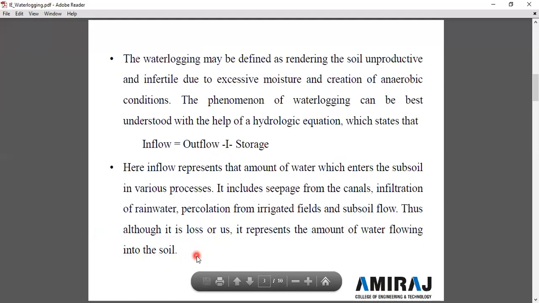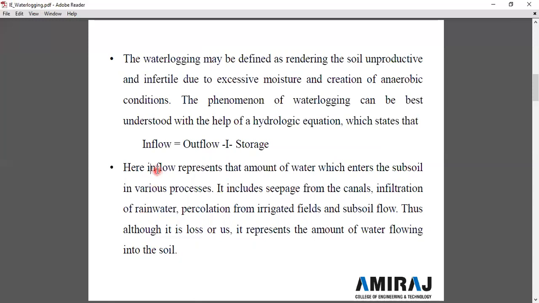The higher the amount of water flowing into the soil, the higher the chances of waterlogging, because water gets fixed in the pores of the soil grains and creates an anaerobic condition in which the crop can't sustain, and there are possibilities of famine and bacterial problems.